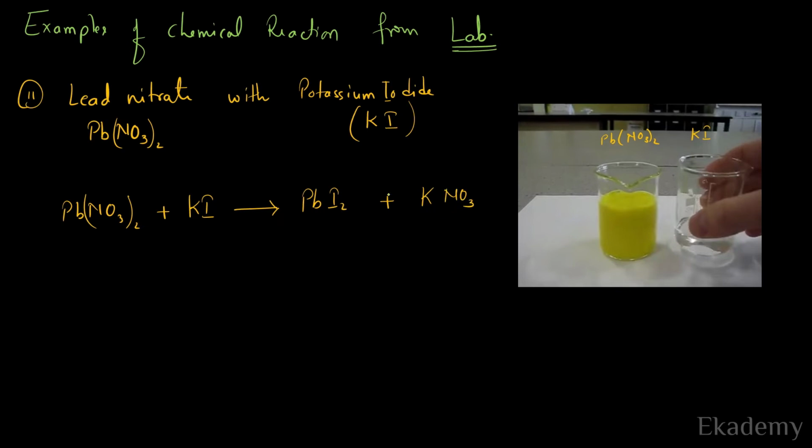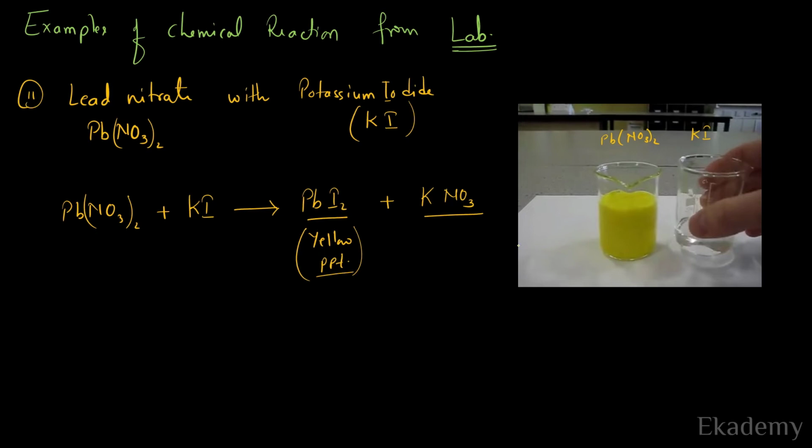So we have two new substances here from two initial substances. Now this is yellow in color. This is a yellow precipitate. In short, it is written PPT, which is insoluble in this liquid.